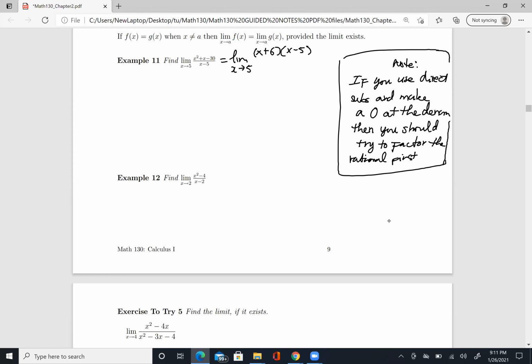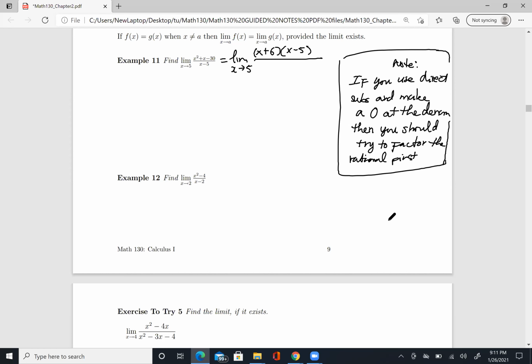Remember, I'm using the AC method, right? You see that 6 times -5 equals -30, and 6 plus -5 equals 1.